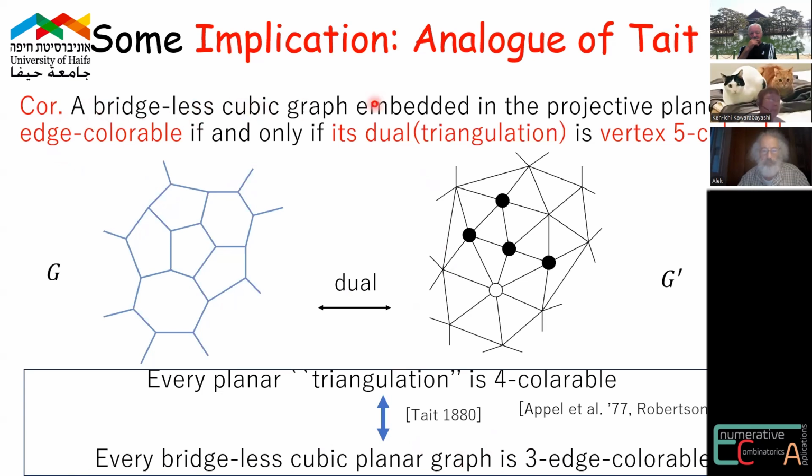A bridgeless cubic graph embedded in the projective plane is 3-edge colorable if and only if its dual, if it is a triangulation, is 5-colorable. Unfortunately, we cannot really say 4, but we can show 5, with if and only if. This is just, I would say, an accident, but still we have a beautiful result, an analog of Tait's theorem.